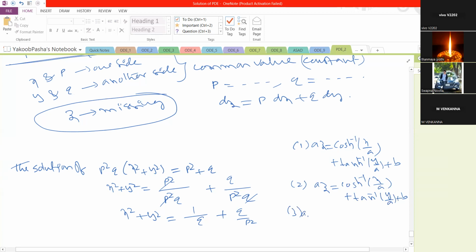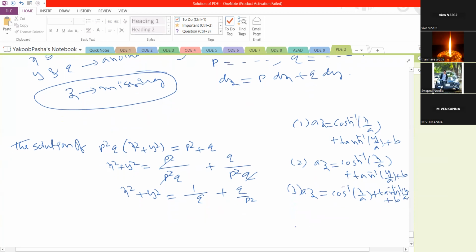And the third option, az is equal to cos inverse x by a plus tan h inverse y by a plus b. And fourth option, az is equal to cos inverse x by a plus tan inverse y by a plus b. Here tan h inverse, here tan inverse, here same. Now these are the options.